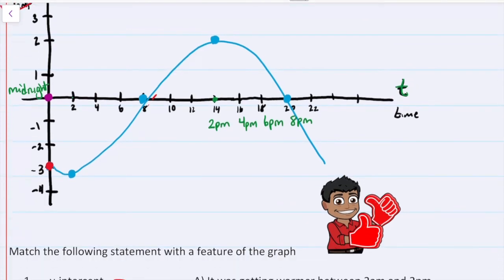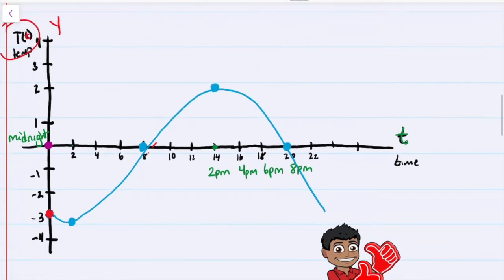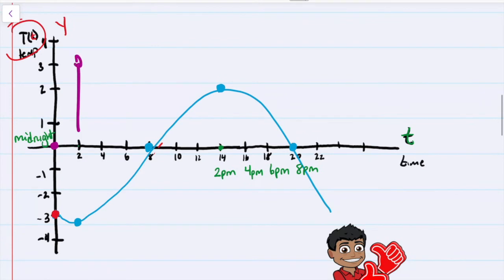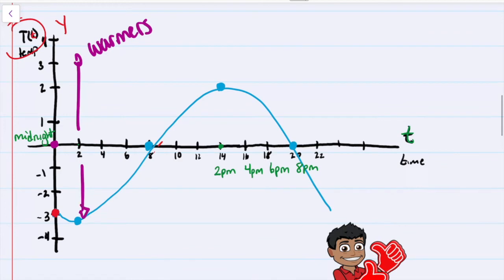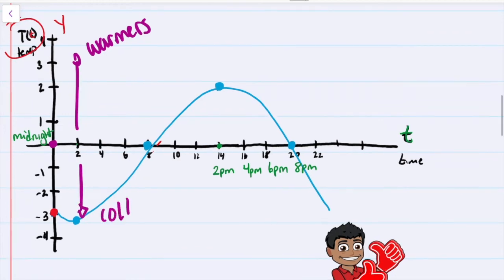Going up and down is temperature. If the temperature is going higher and higher, that always means it's going to get warmer. When the temperature is getting lower and lower, in negative degrees, that's always going to get colder. It's very important that you remember this, guys.